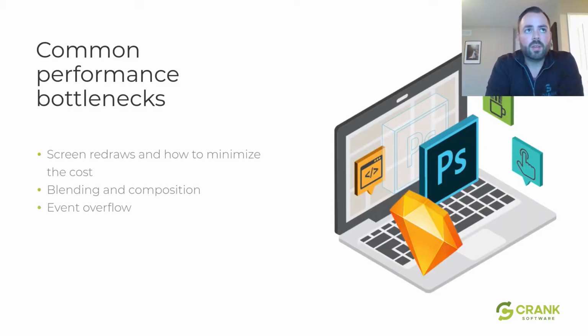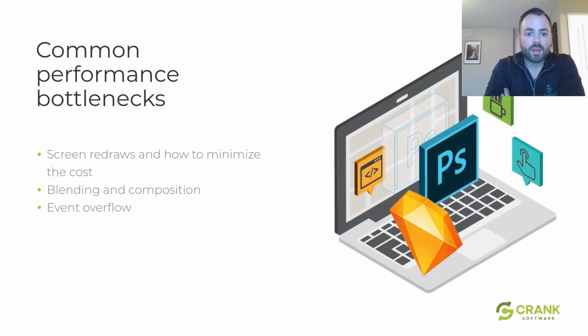So some common performance bottlenecks, and what do those look like? Generally speaking, when you're building a UI, if you've done this before or if you're coming into these things for the first time, screen redraw time and the time it spends to update the display is the first thing people run into.